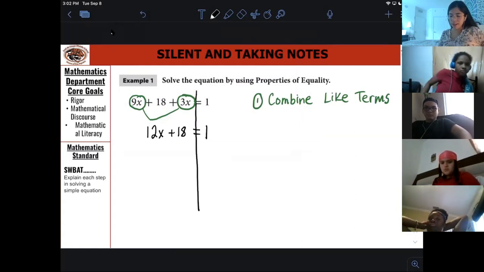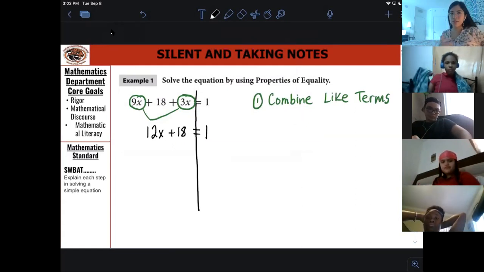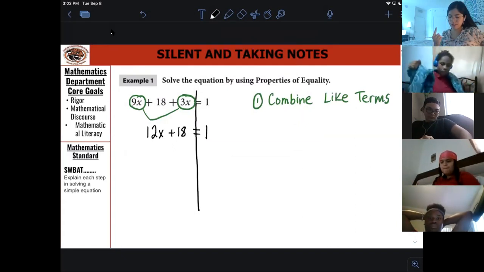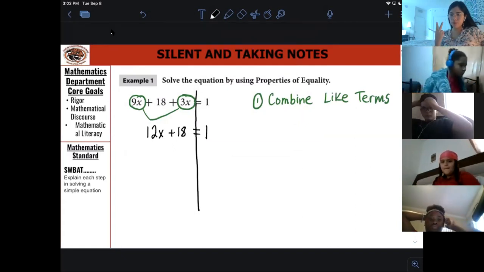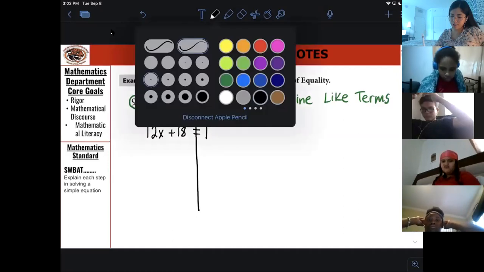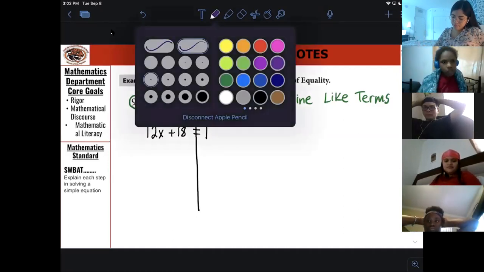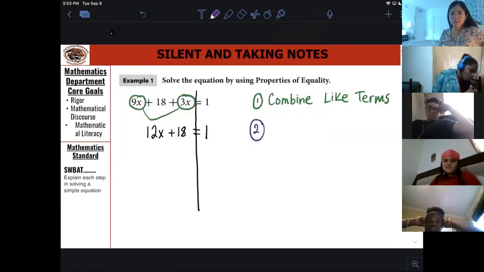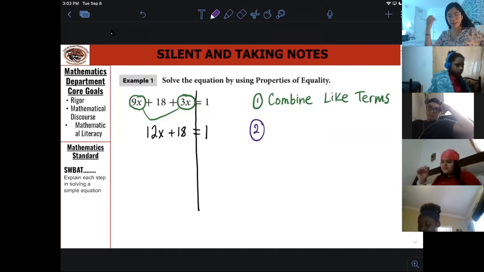And after you combine like terms, now you're down to 2 more steps. Now you know you're going to have to do 2 steps. So what should I do next? Get rid of the 18. Get rid of the 18, exactly. Because remember, you're going to add and subtract before you multiply or divide.